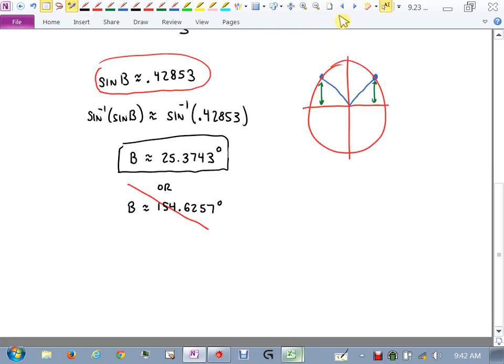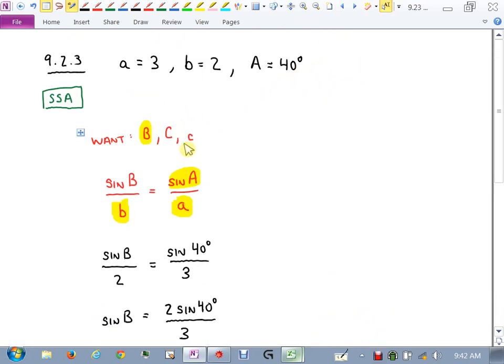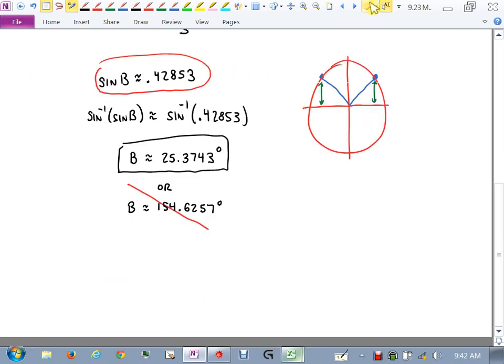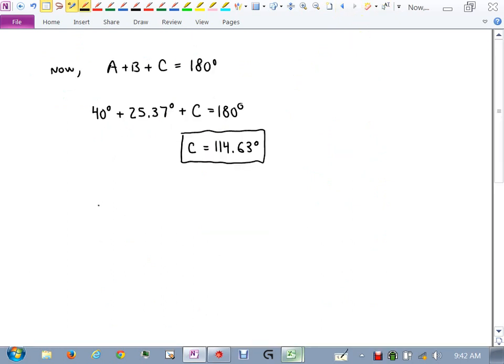Okay, so where am I at? I've got capital B. I've got capital C. I need little c, right? So to get little c, I'm going to use law of sines again. I'm going to use the one that has c on top and sine C on the bottom. And what am I going to compare it with? Use the A again, because look, the A is fixed. No one's going to mess that up because it's already given in the problem. So to find little c, I'm going to use this.